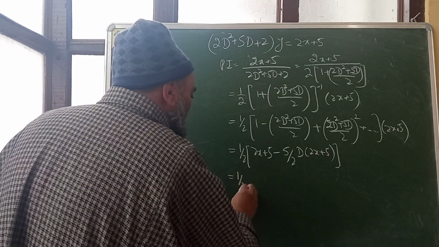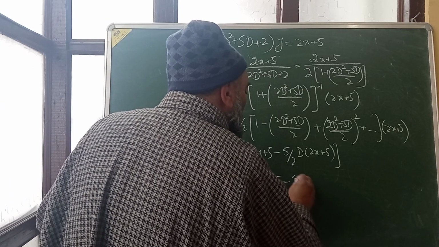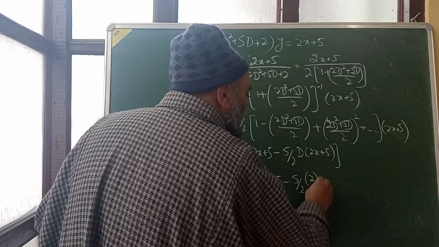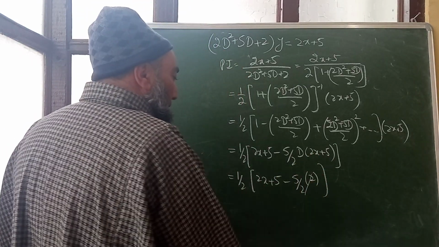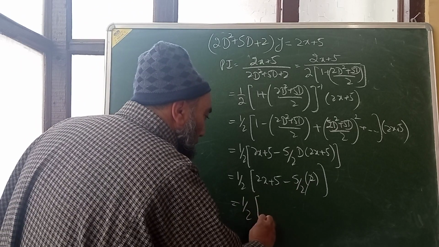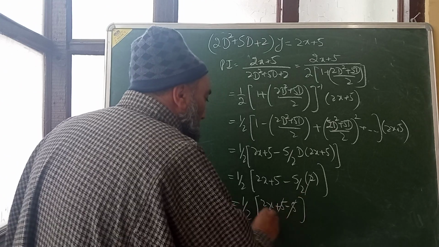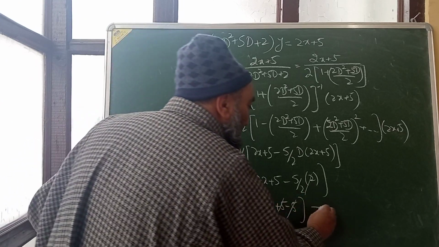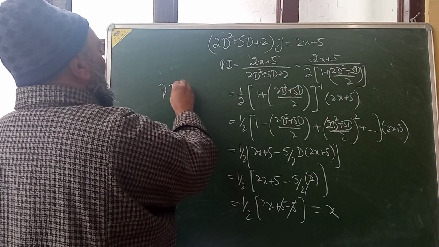This is 1 half, 2x plus 5 minus 5 by 2, and the derivative is 2 only. 2x plus 5, derivative is 2. So what is it? This is 5 minus 5. So 1 by 2, 2x plus 5 minus 5. 1 by 2 into 2x, it is x.